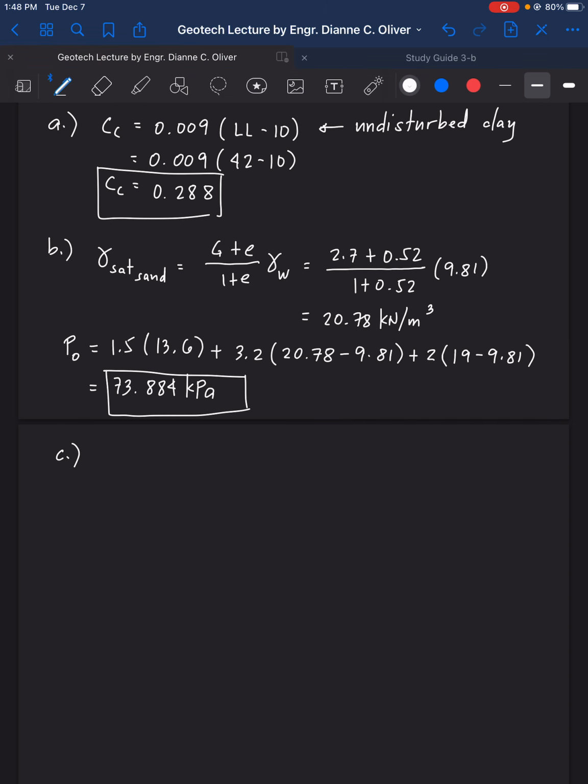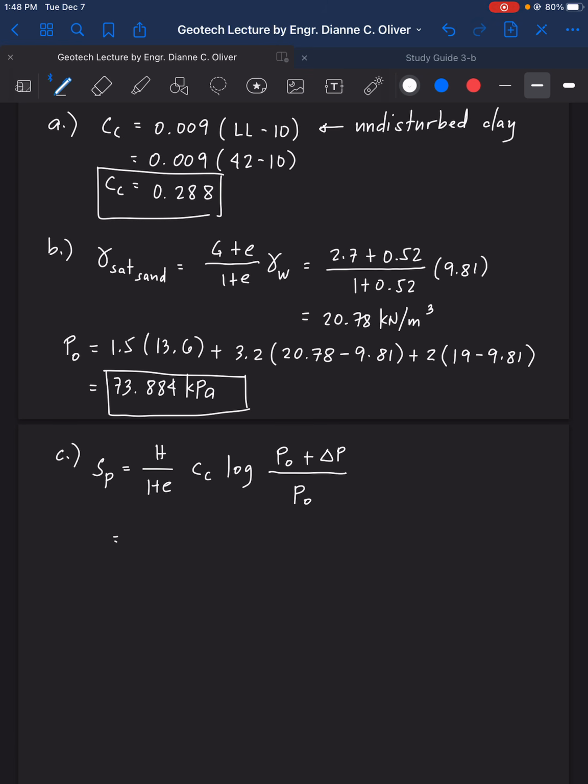So we have here S sub P is equal to H over 1 plus E, then C sub C log of P sub O plus delta P over P sub O. If you add P sub O plus delta P, that is the P final.